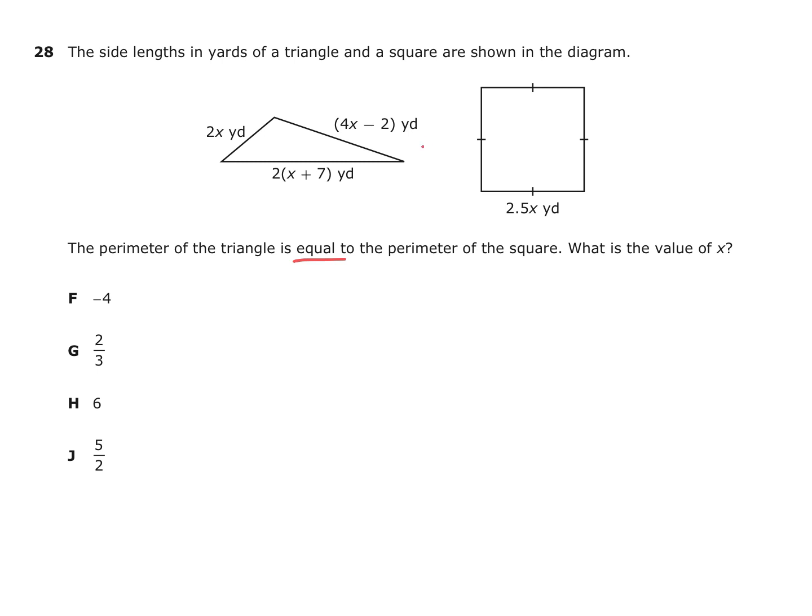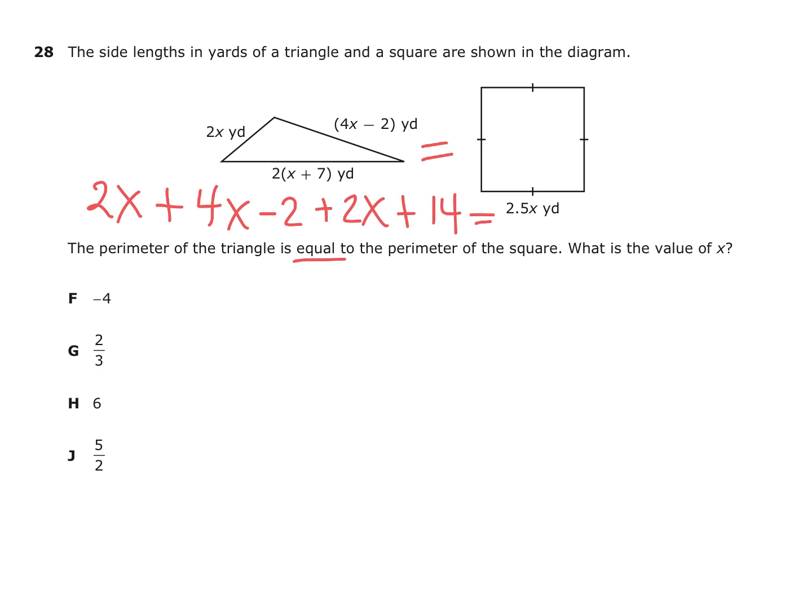Okay, so they have equal perimeters, and the perimeter here is going to be the sum of all three sides. So I'm going to have 2x plus 4x minus 2, and then the base would be 2 times x and 2 times 7. That's 14, because that 2 has to be multiplied.